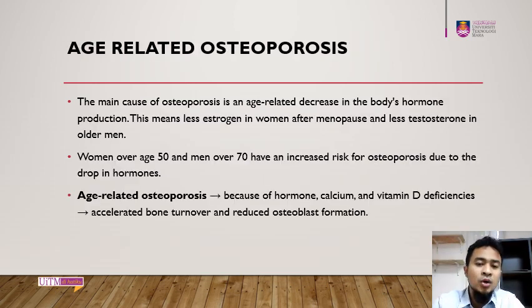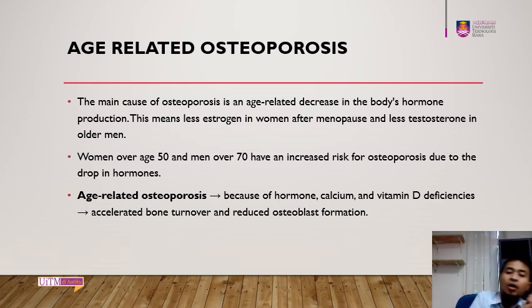Second type, age-related. This is the main cause for both genders, due to body hormone production, just like women, with less production of estrogen, but for men, it is due to less testosterone. Women over 50 and men usually over 70 have an increased risk for osteoporosis due to the drop of the hormone.